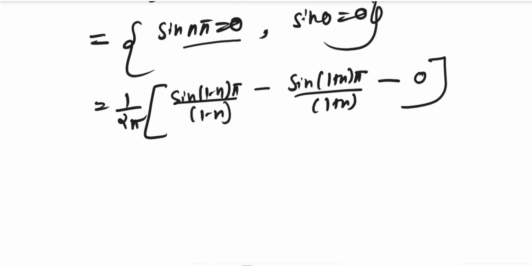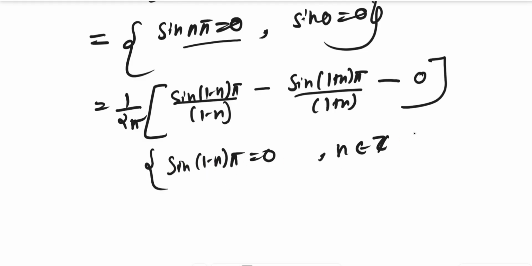Since we know sin n pi is 0, and sin (1 minus n) pi will also be 0, since n belongs to the integers, so 1 minus n is also an integer, so it is also 0. So overall this becomes 0. This implies bn is equal to 0.